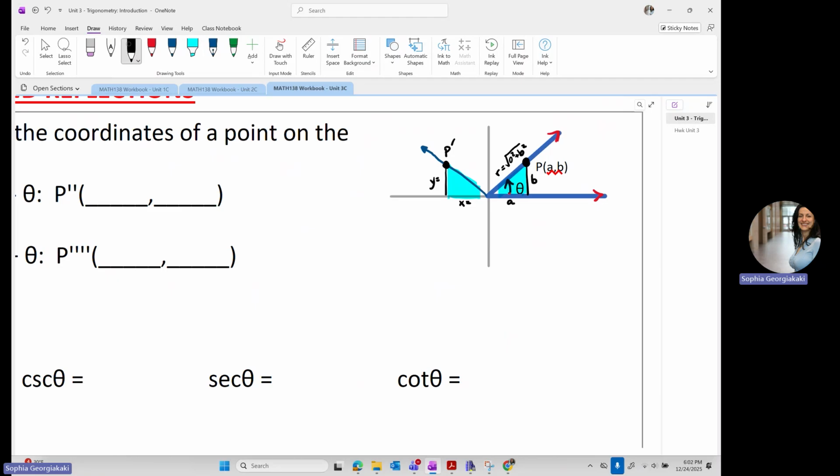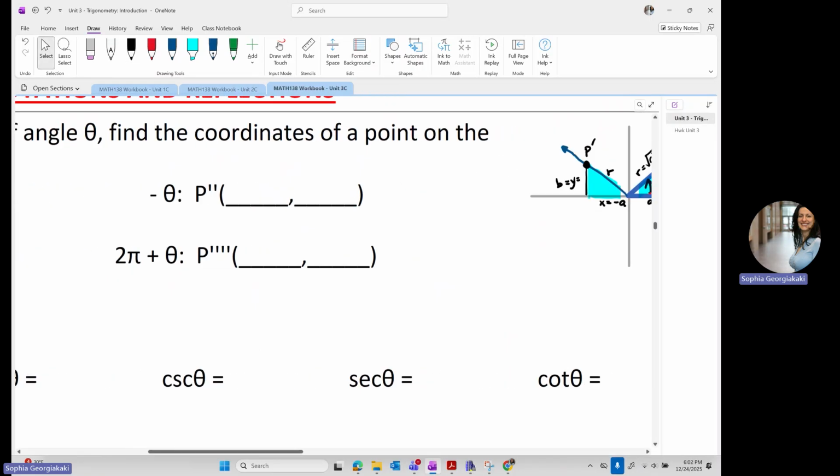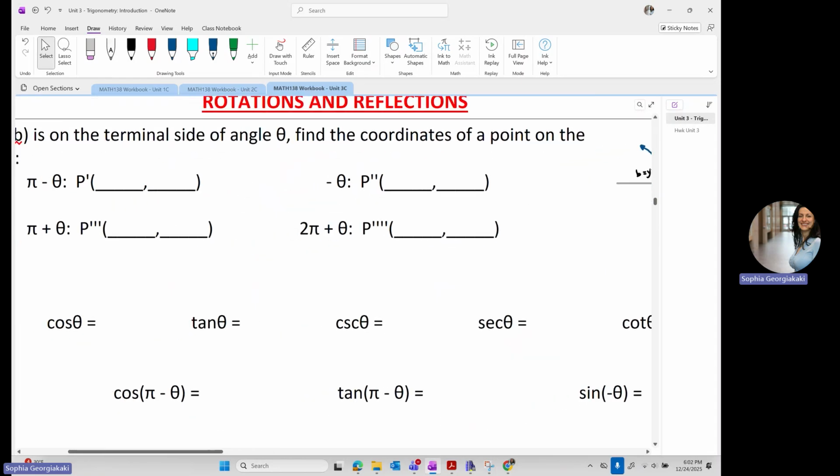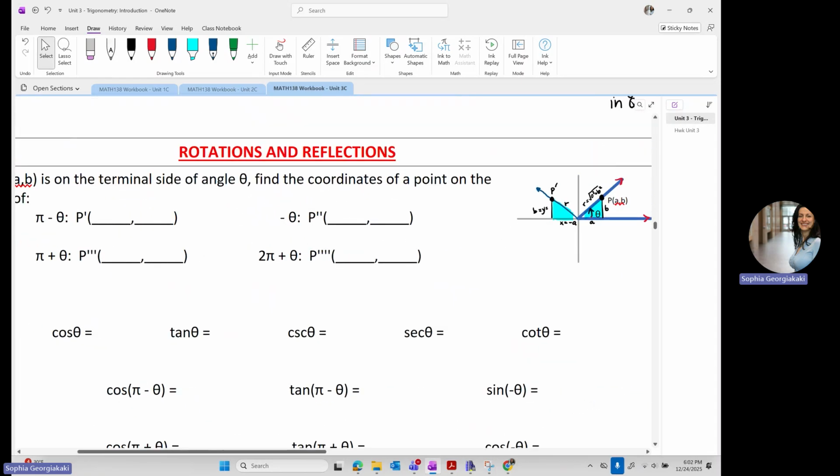So the hypotenuse would be the same R. The Y will be equal to B, and because Y is in quadrant 2, it will be positive B. And X will be equal to A, but X is in quadrant 2, so it will be negative A. So the coordinates of this point P prime will be negative A, B.